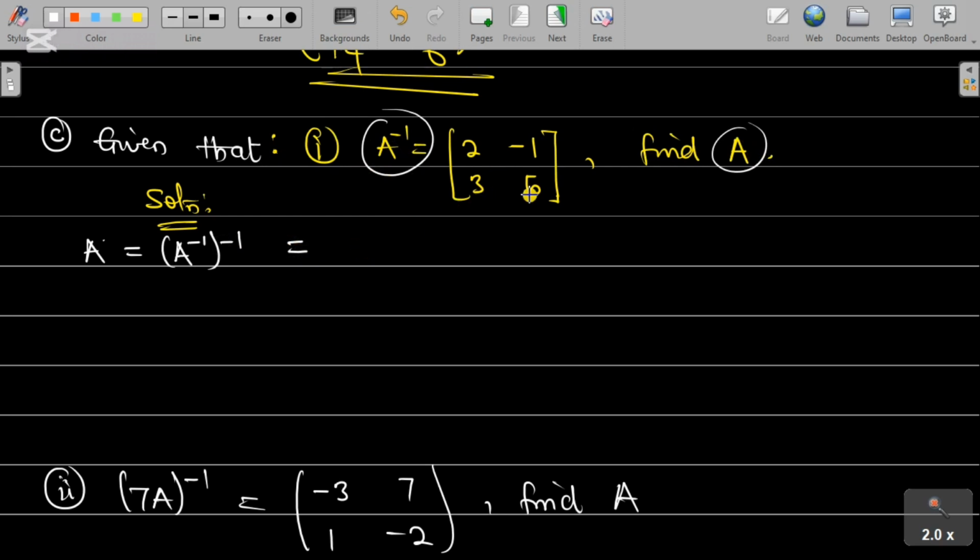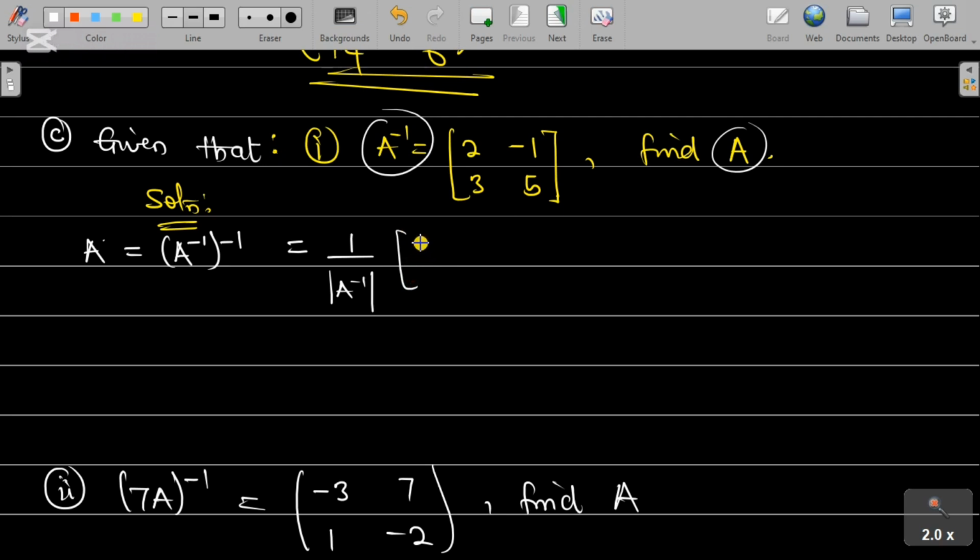So here we are going to take the inverse of this, and remember to take the inverse, you first of all have 1 all over the magnitude of that particular matrix, and then you take the adjoint by interchanging the right diagonal.